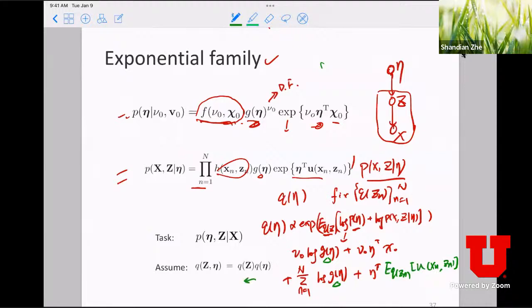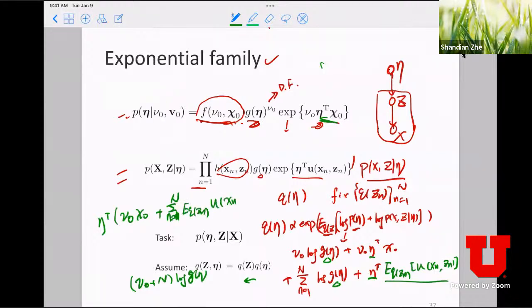If we merge the coefficients of log g of eta, it is simply nu 0 plus n. And then if you look at the coefficient of eta itself, it is eta transpose in nu 0 kappa 0, plus the summation that goes through each data point, where you take the expectation of each sufficient statistic.